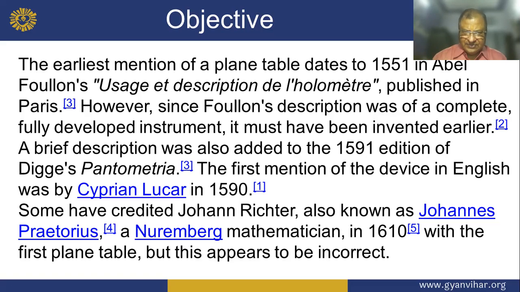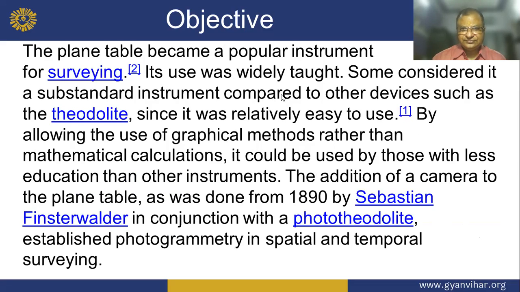Some have credited Johann Richter, also known as Johannes Praetorius, a mathematician, in 1610 with the first plane table, but this appears to be incorrect. The plane table became a popular instrument for surveying, and its use was widely taught.